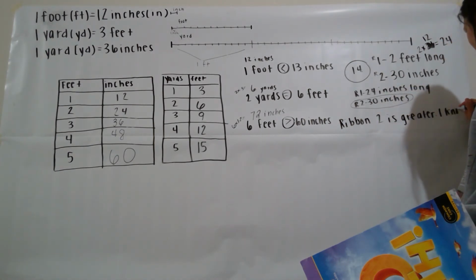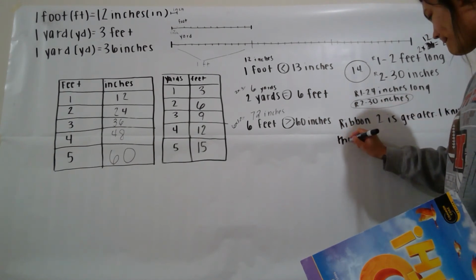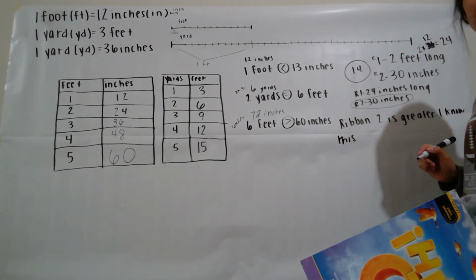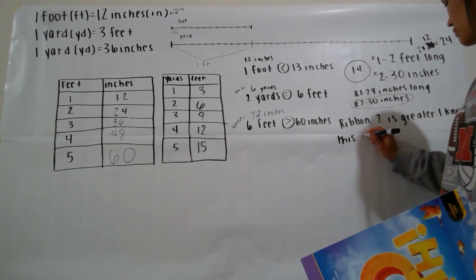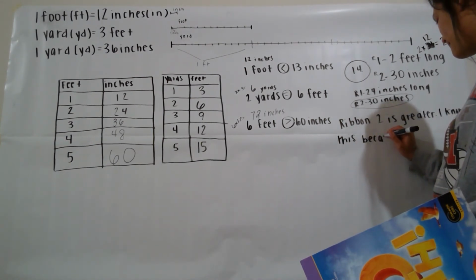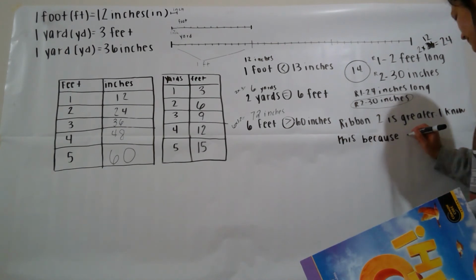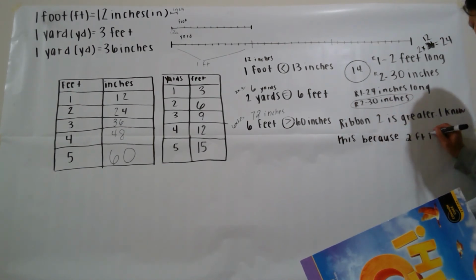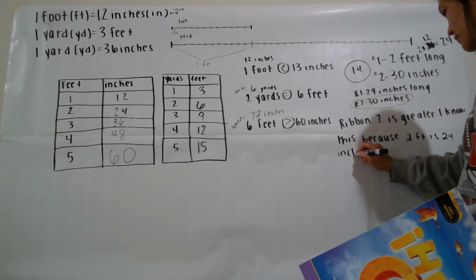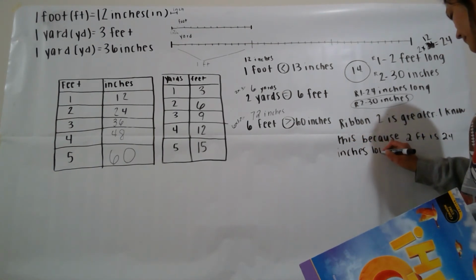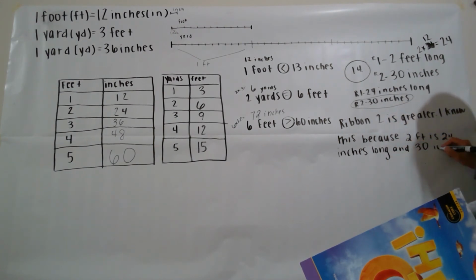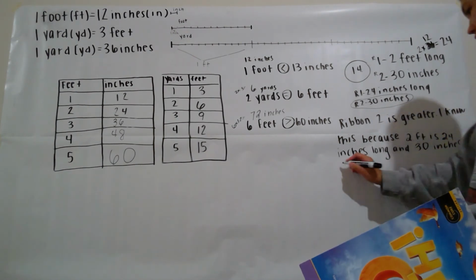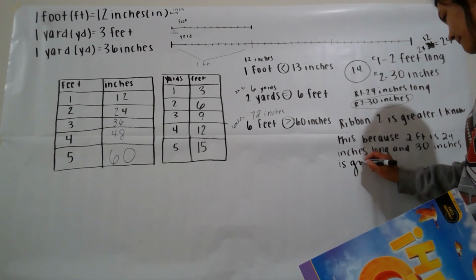I know this because 2 feet is 24 inches long and 30 inches is greater.